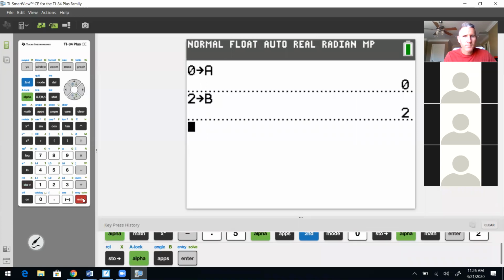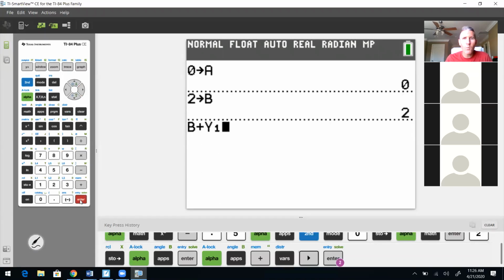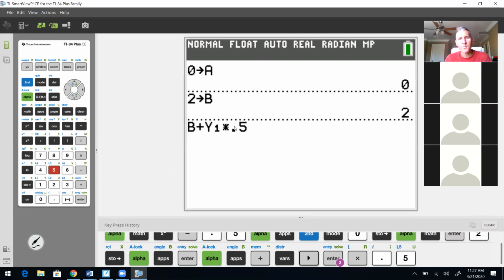Okay, so now I'm going to say that my new y value is going to be my previous y value plus vars, y vars function y1 times 0.5, times my step size.